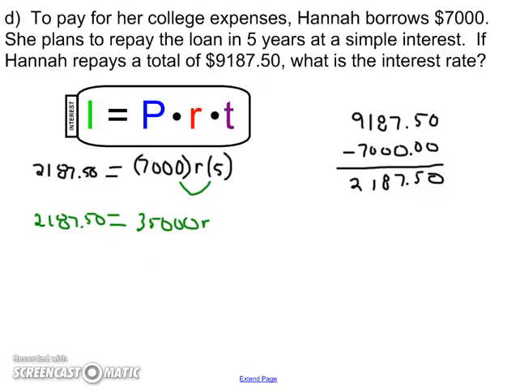But now I have this equation, and again, going back to our solving of equation steps, if I divide 35,000 out of each side, my 35,000s here will reduce to 1R, which is what I want over there. And on this side, if I divide by 35,000, this is something I am going to punch into a calculator. So 2187.50, which you may punch into calculators at this particular point just to speed up the process. You do need to be showing your work, however.